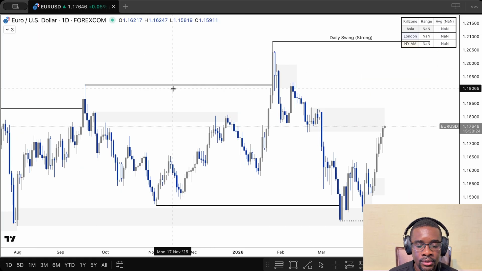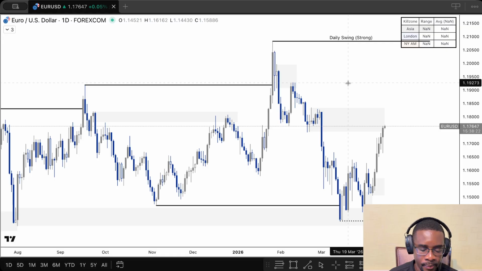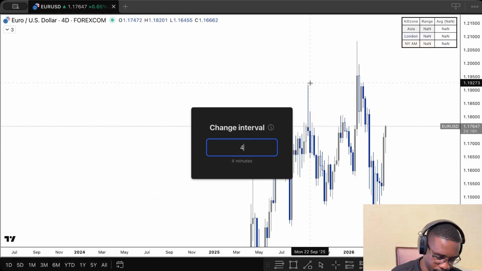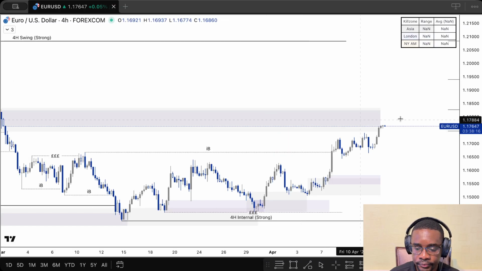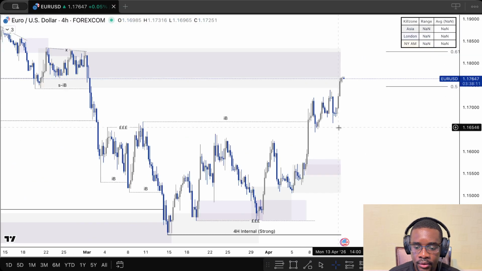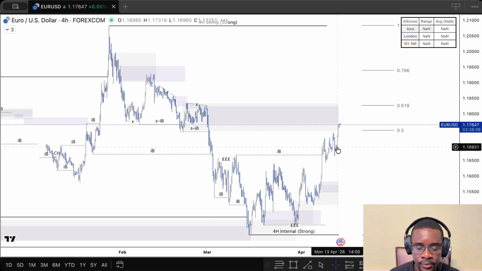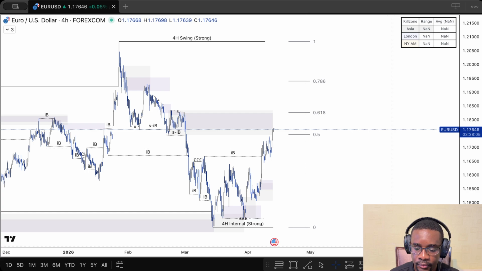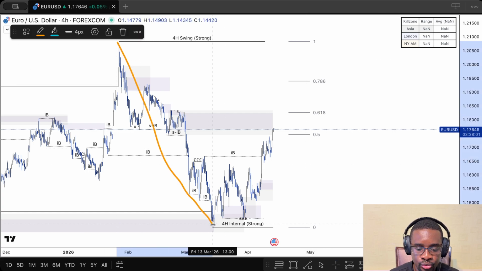Okay, so let's look at the 4-hour on the Euro USD. So this is our swing range.